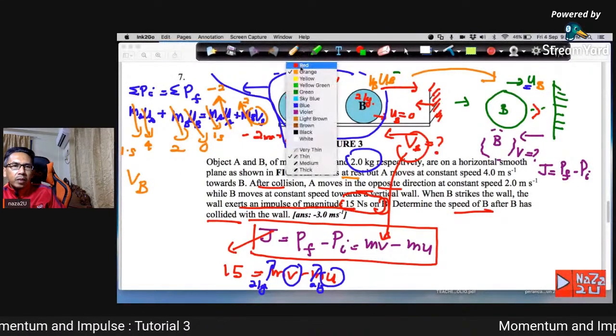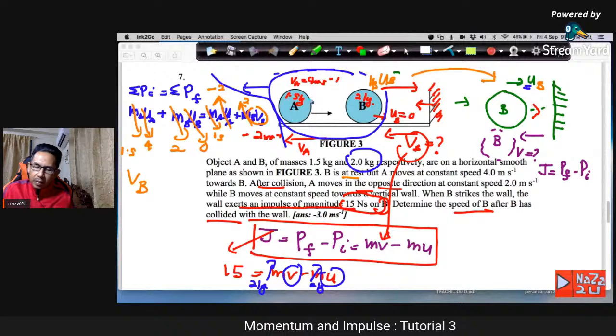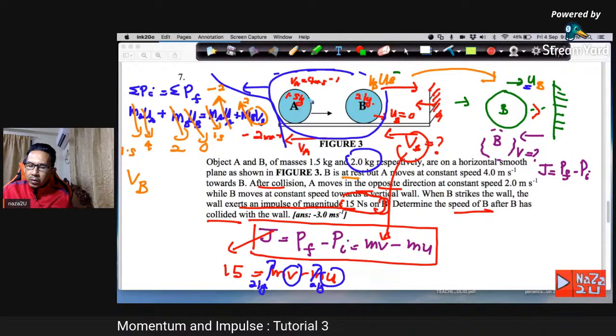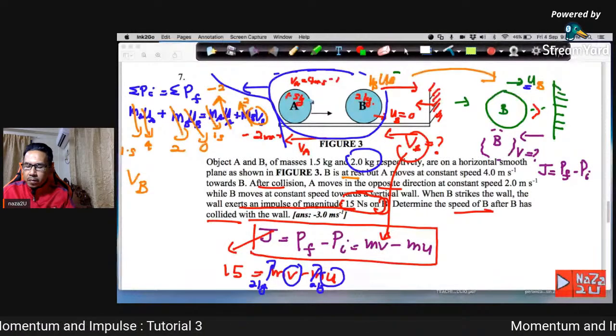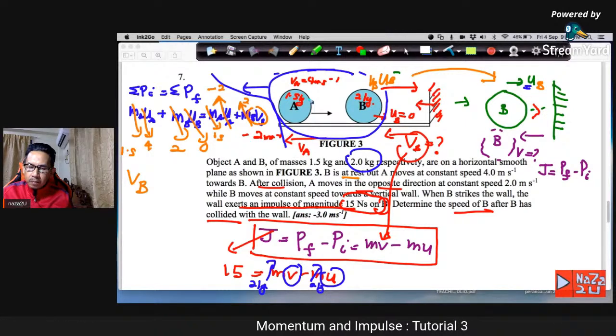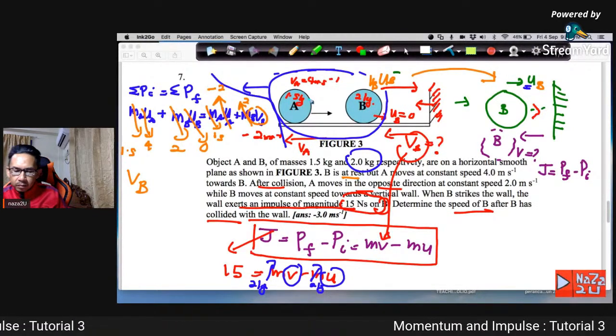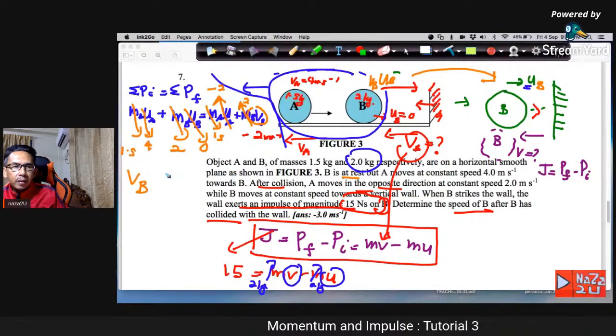So you can use the calculator here. VB is equal to, okay, 4.5.